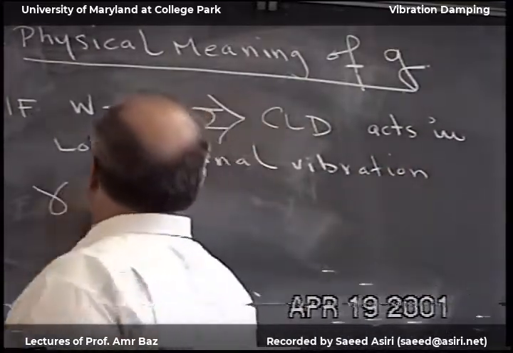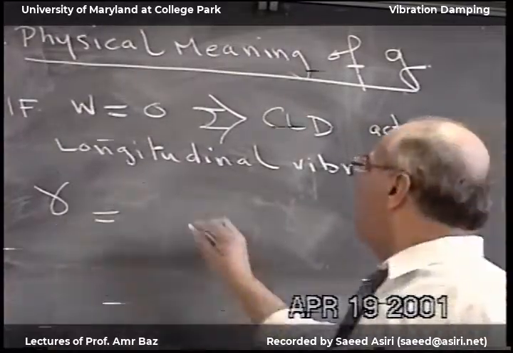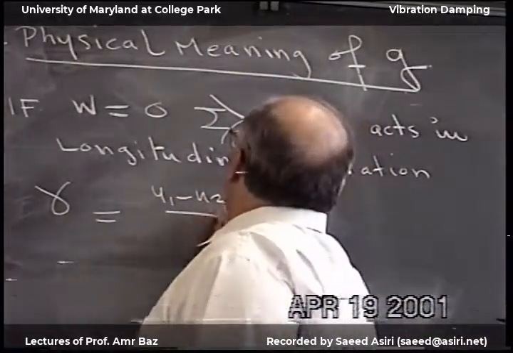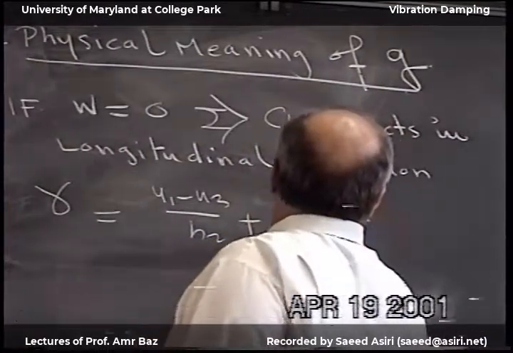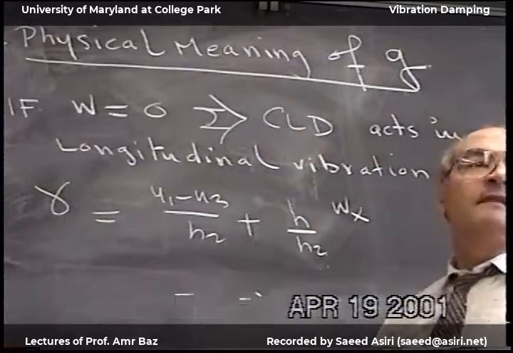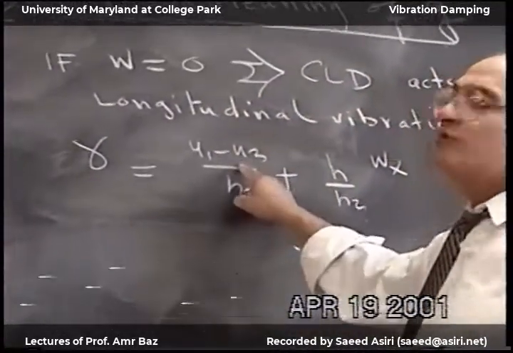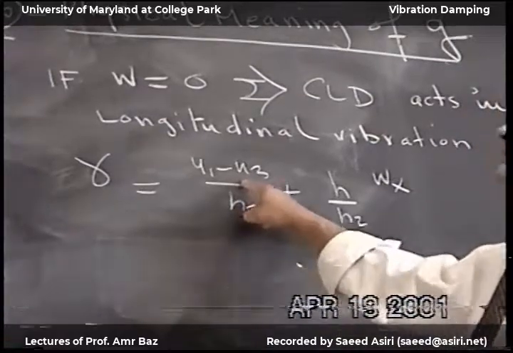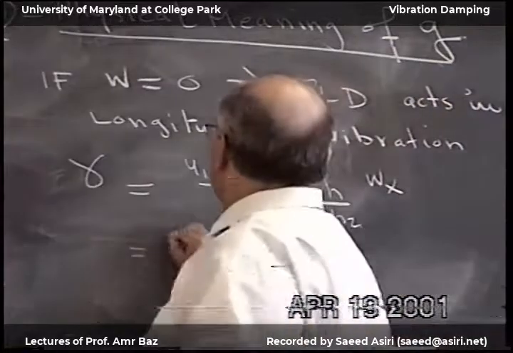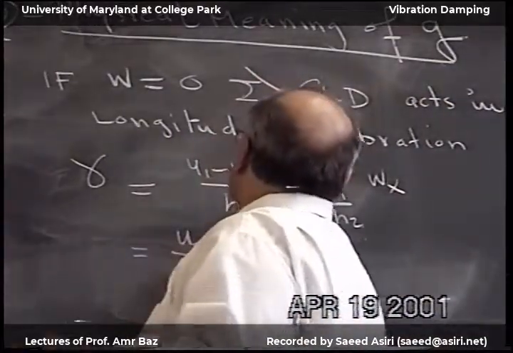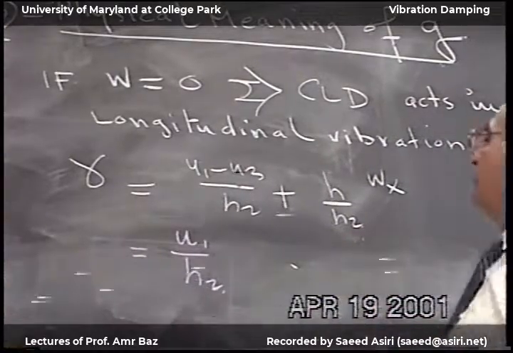So the gamma now will equal, if you remember, U1 minus U3 over H2, plus H Wx over H2. And what we've done so far, we said U3 is 0, and now W is also 0. So this says that U and gamma are proportional to each other.